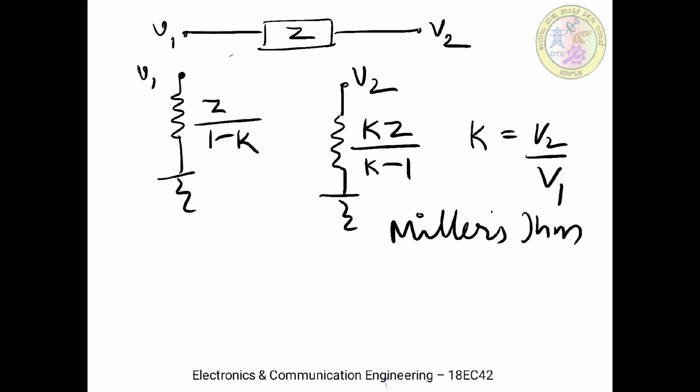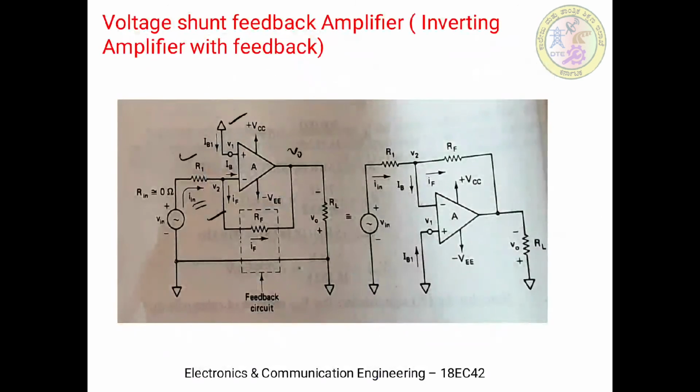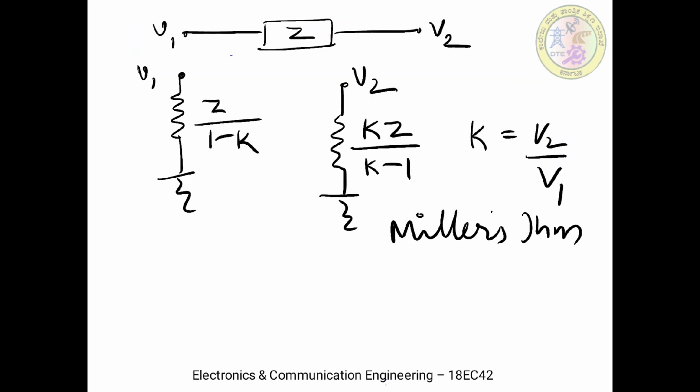Okay, so now we have to apply this Miller theorem to our inverting amplifier with the feedback. Now in our circuit, going back to the basic circuit diagram, you can see that the RF resistance is present between V2 and the V0. Okay, so therefore now we will write the circuit diagram.